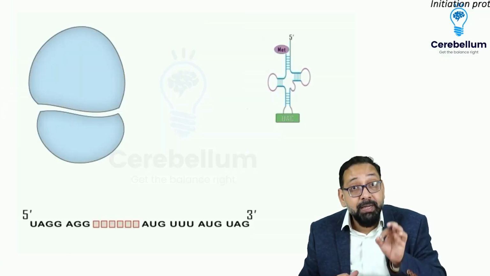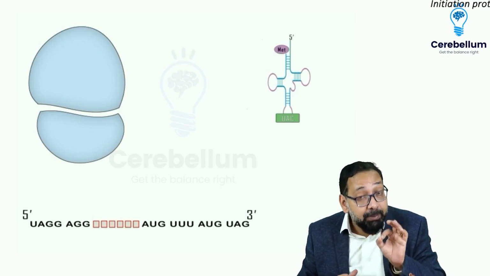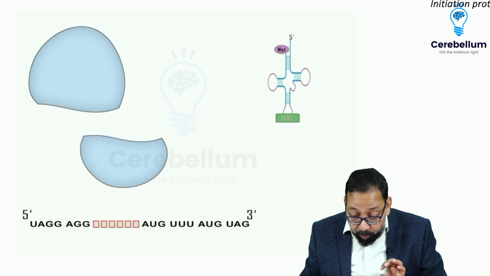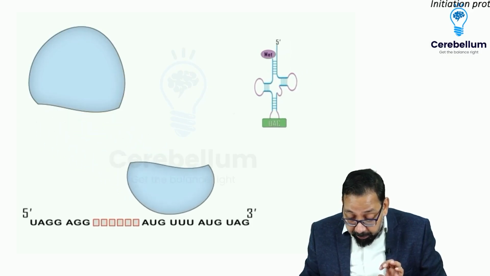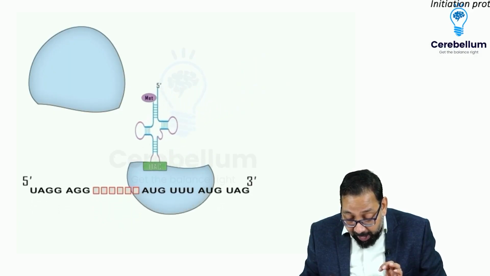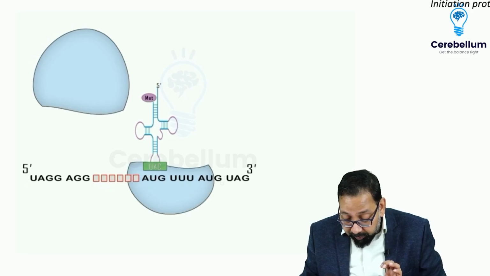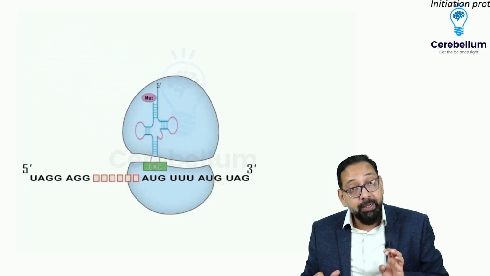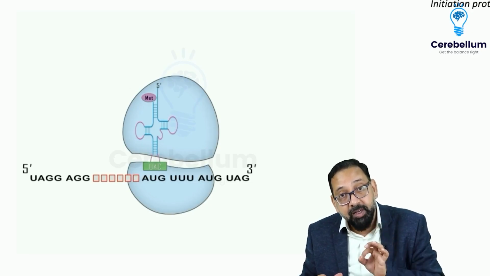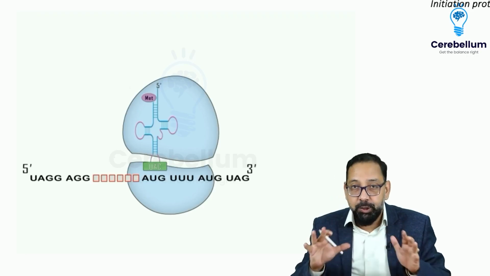Now we understand initiation by animation. Formation of the initiation complex. First of all, the ribosome is separated. Now this messenger RNA and this transfer RNA are coming, and in this way all these three components, transfer RNA having methionine, ribosome and messenger RNA, join to make the initiation complex.